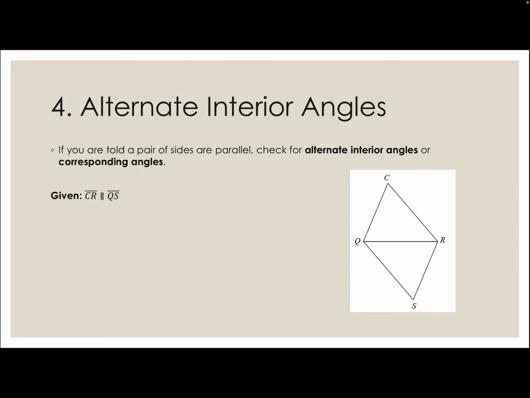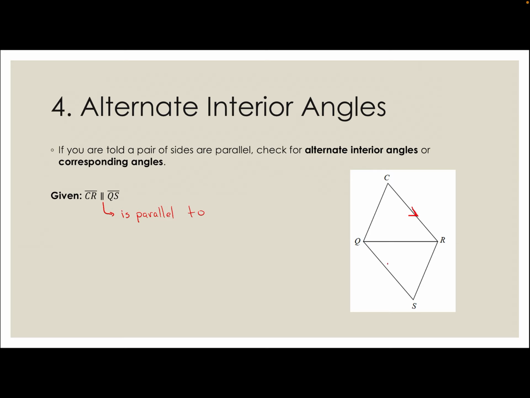For 4, if you're told a pair of sides are parallel, the two things you should check for are either alternate interior angles or corresponding angles. In this picture, we're given that CR is parallel to QS. Remember, this symbol means is parallel to. So we're just going to mark that like this.